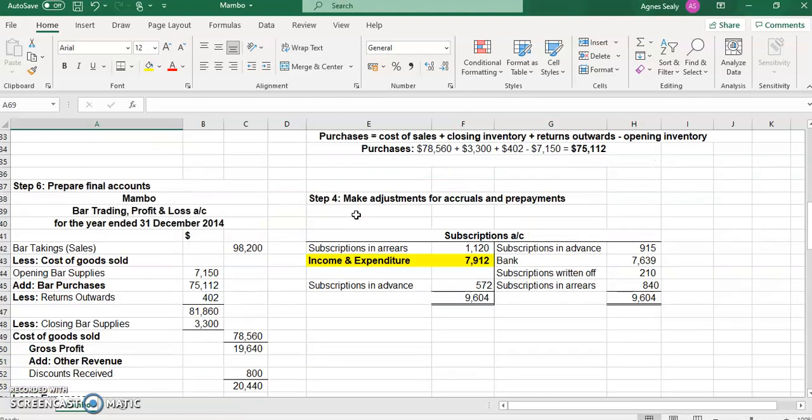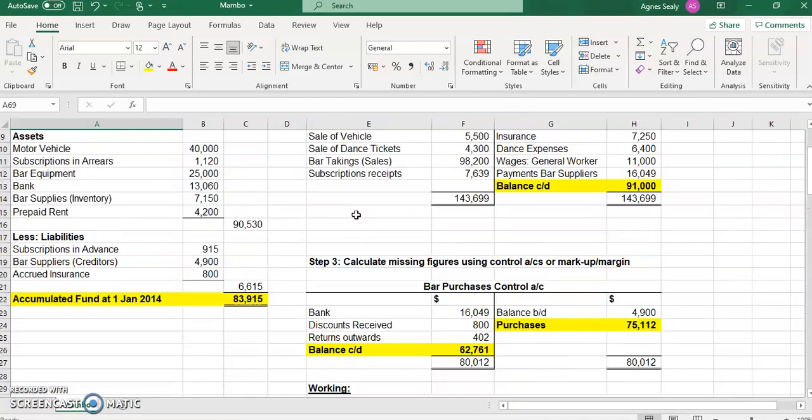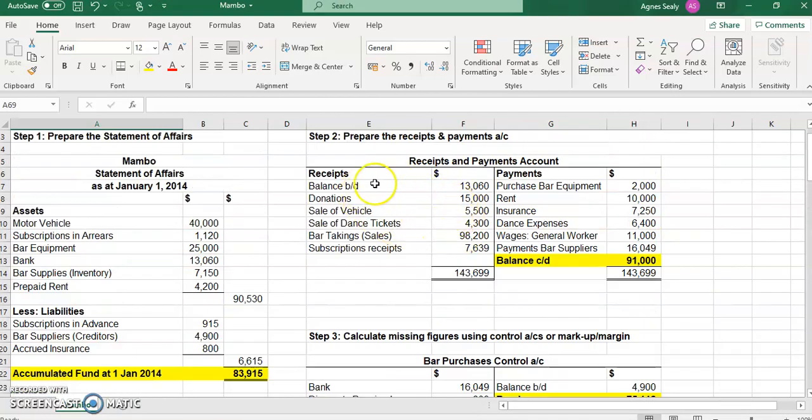And we also had donations. So you also have to always look back at your receipts and payment account for any other money that you receive. So they received some donations of $15,000. So this is income. We have taken care of the sale of the vehicle, the dance tickets, the subscription and the bar takings. All of those are accounted for already.